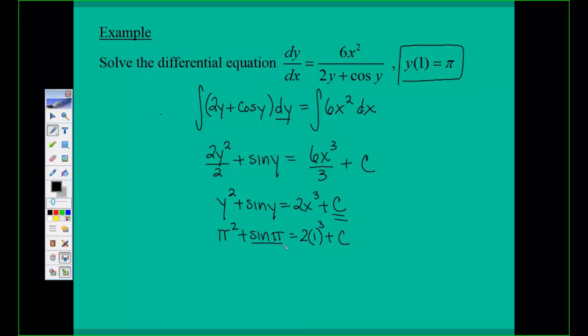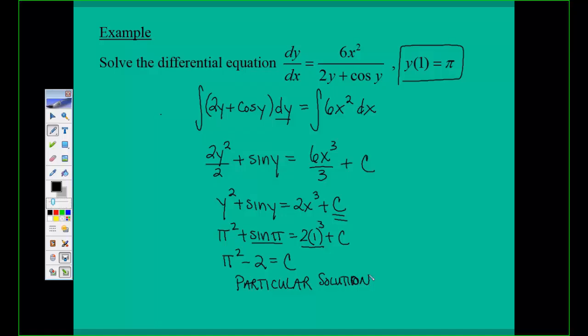Now the sine of pi is 0, and this is just going to be 2, so we're going to subtract 2 to solve for c. Now we have a particular solution. Because we were given an initial condition, we can now find a particular solution.